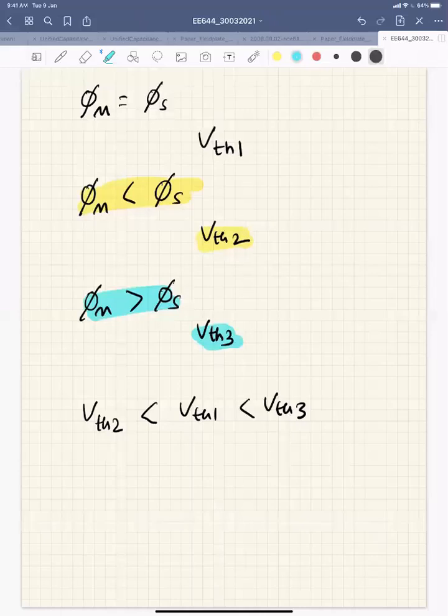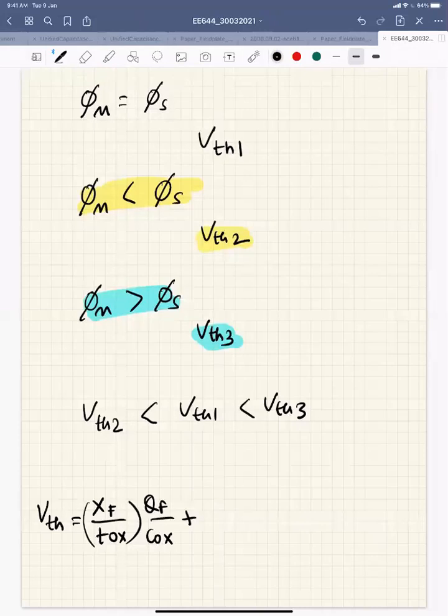And that's the reason when you look at VTH, the expression I had derived is: xF by Tox times QF by Cox, plus root over 2 epsilon Si QNA root over 2 psi B, divided by Cox, plus 2 psi B. So this is my threshold voltage.